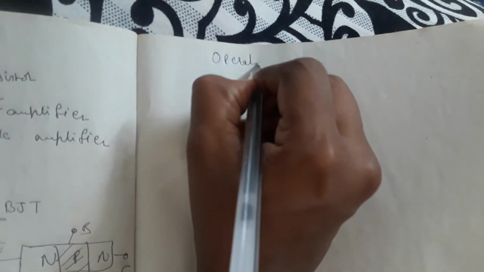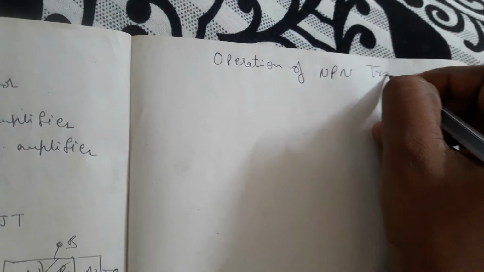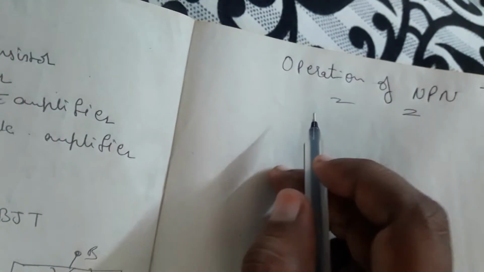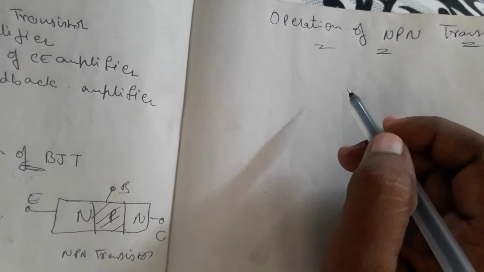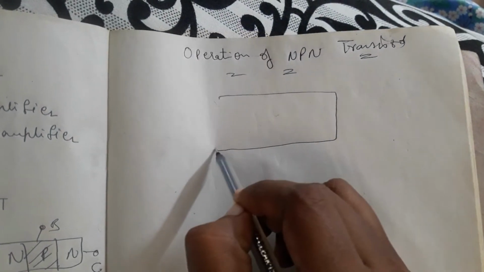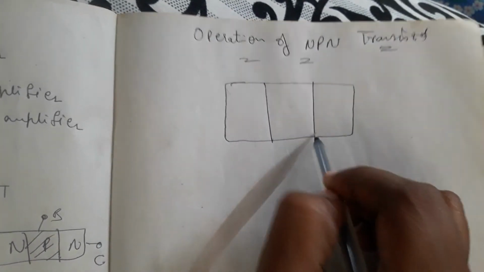Then next, operation of NPN transistor, current in NPN transistor. First of all, the circuit diagram is like this.